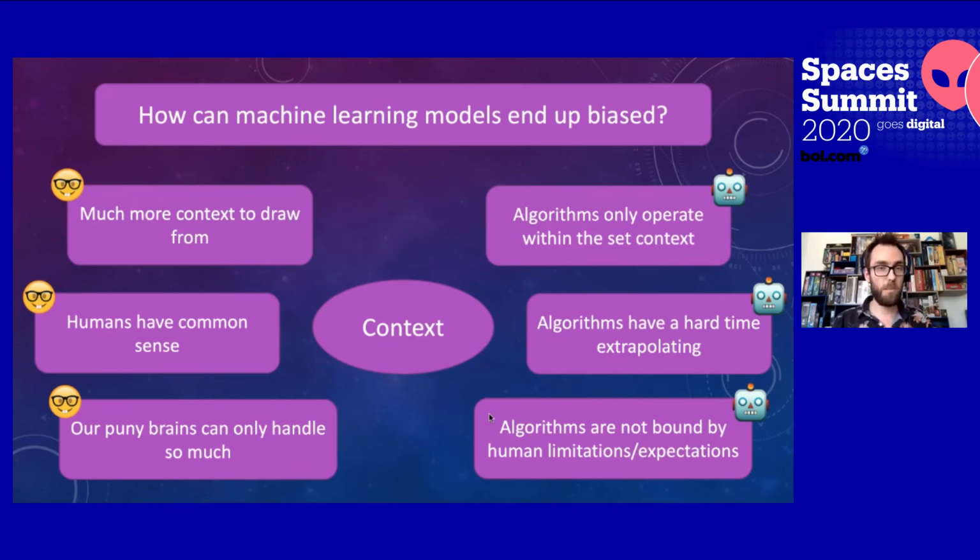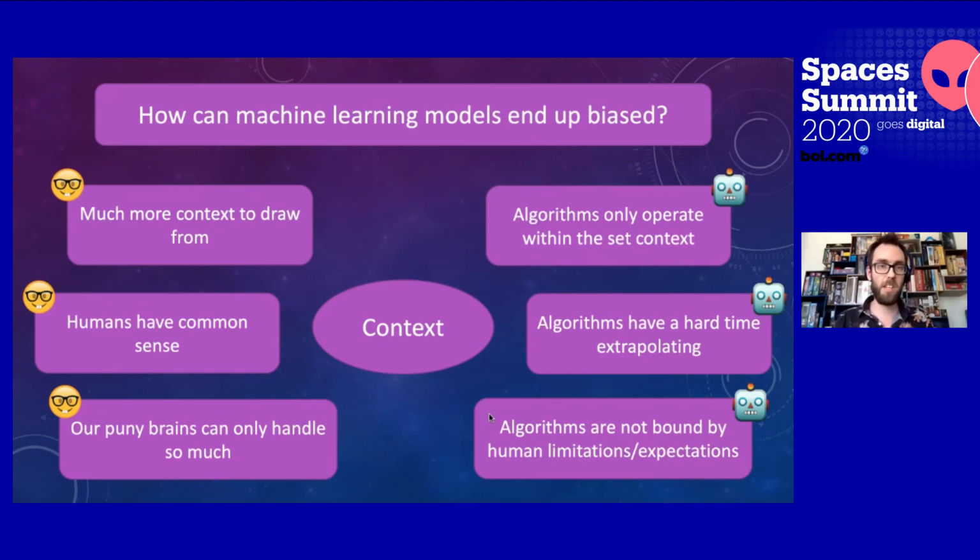Also, an algorithm is not really confined by the expectations that we have. As I said, we have all this context, and we make implicit relationships between these contexts, and also have an implicit value of what data is important, what data is not. An algorithm doesn't have this. It doesn't have any a priori expectation. It just takes everything you give it at face value.